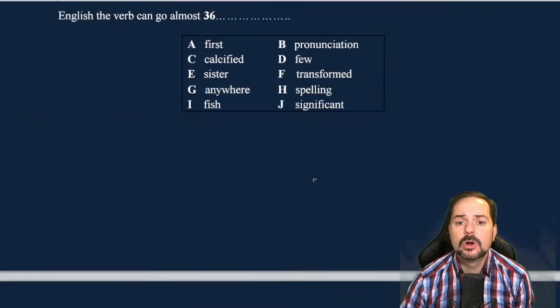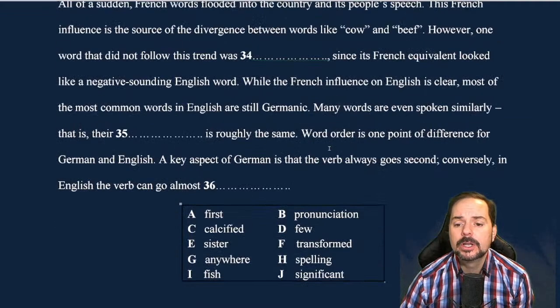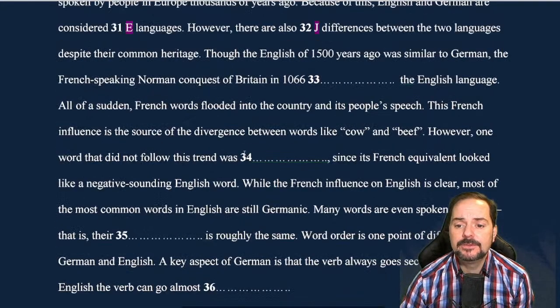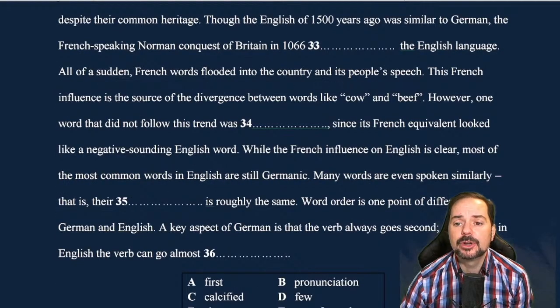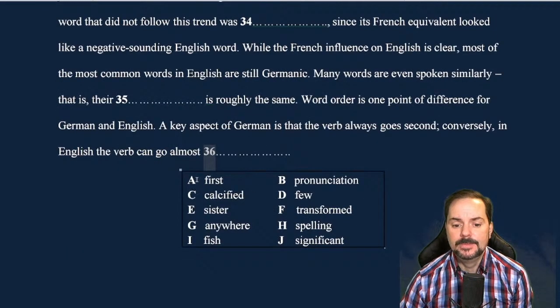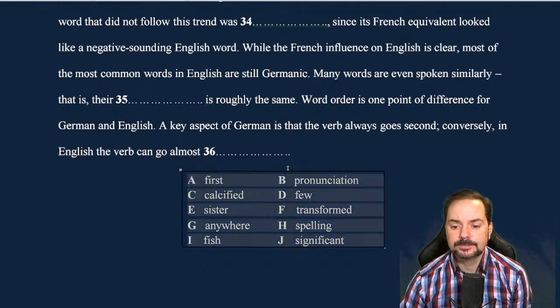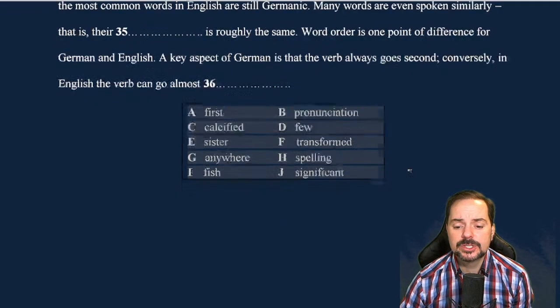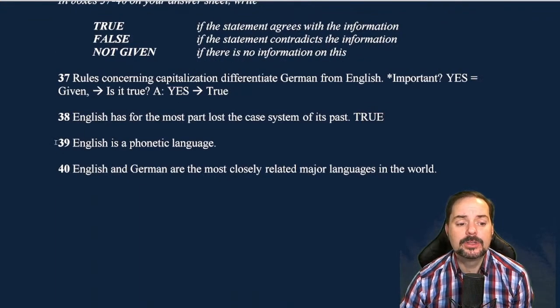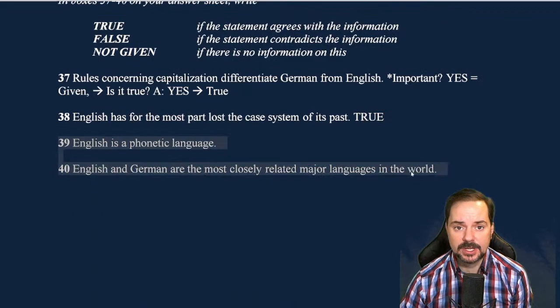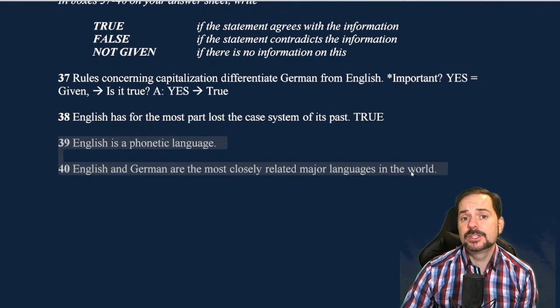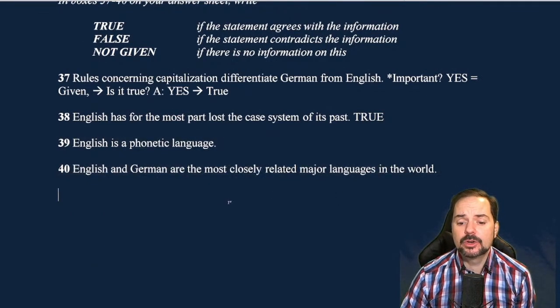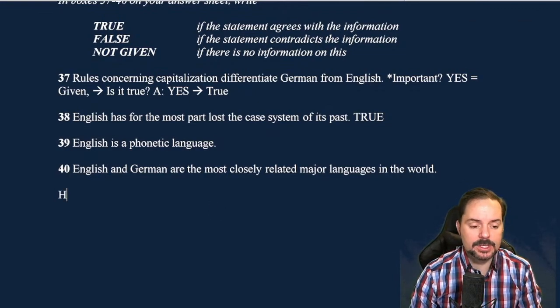Okay, everyone? So again, here are the last few questions for this summary completion, 33 to 36. Here are the words that you have to choose in the letters, okay? And then here are the last two, true, false, not given. Try these ones on your own, okay? So do this on your own for homework. So homework time, okay?